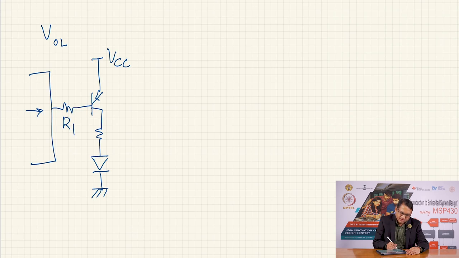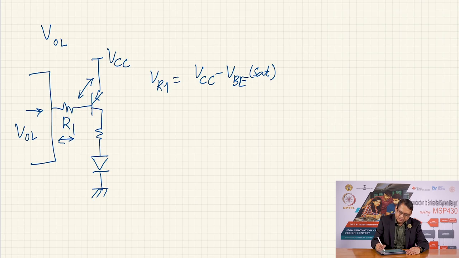This voltage here from the microcontroller is VOL, this voltage is Vc, the voltage drop here is VBE sat, and therefore the voltage across resistance R1 is equal to VCC minus VLED, VBE sat, minus VOL. So, let us take similar numbers.